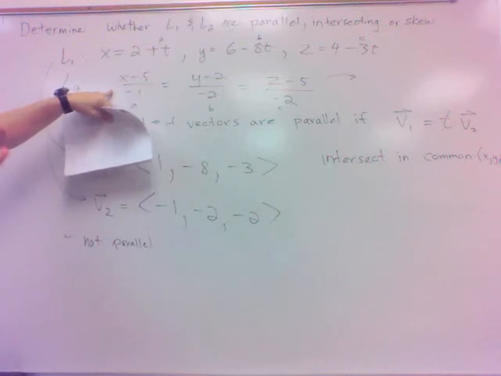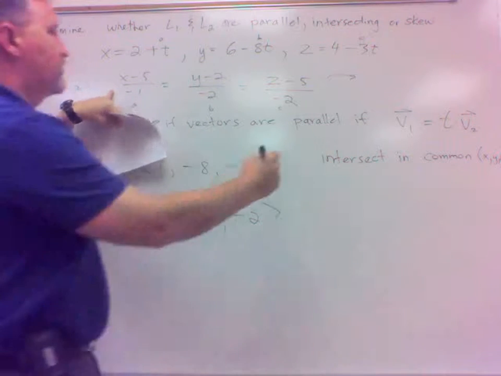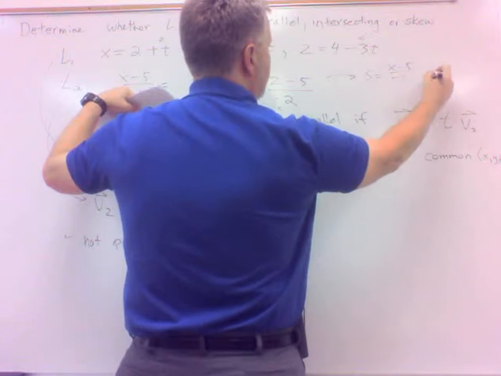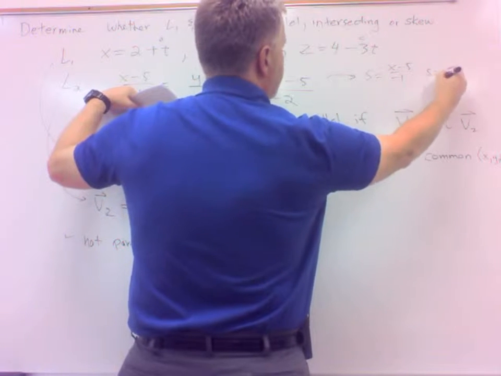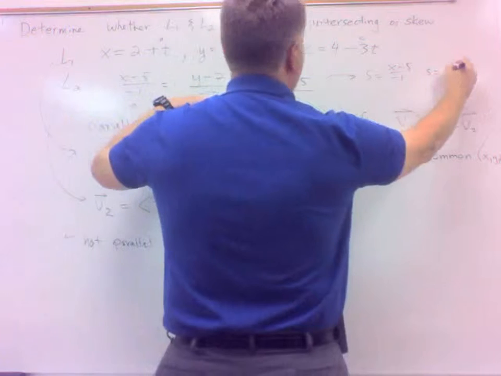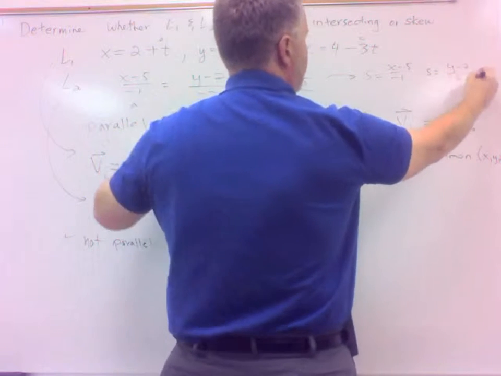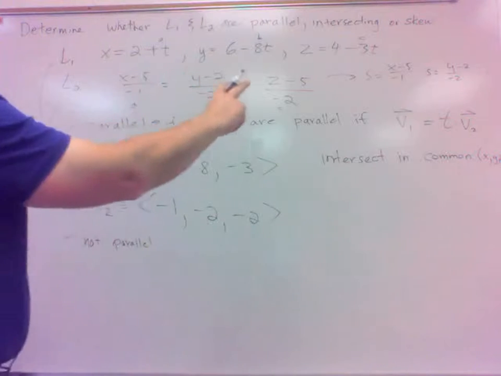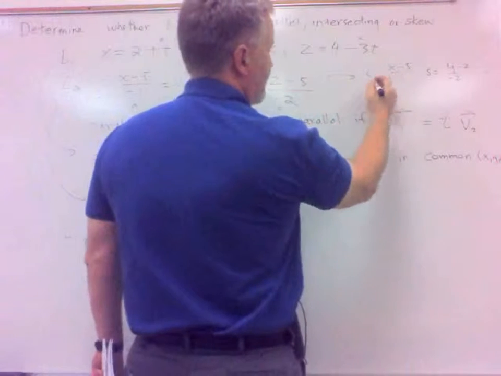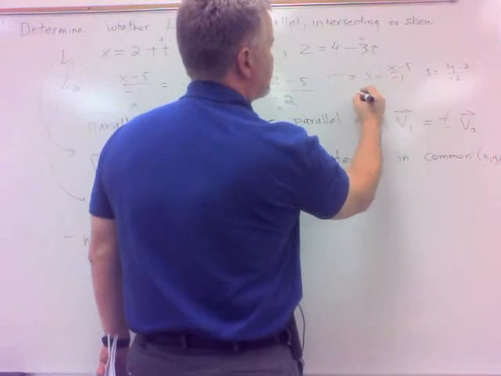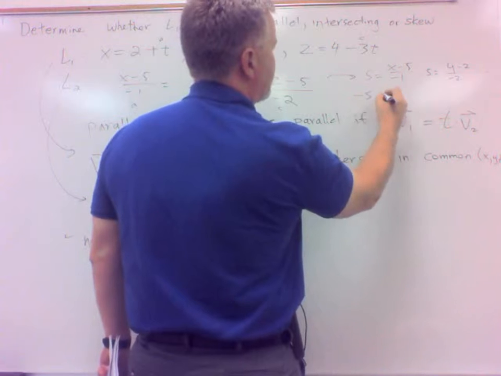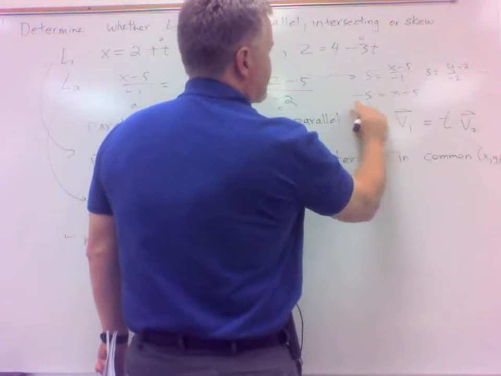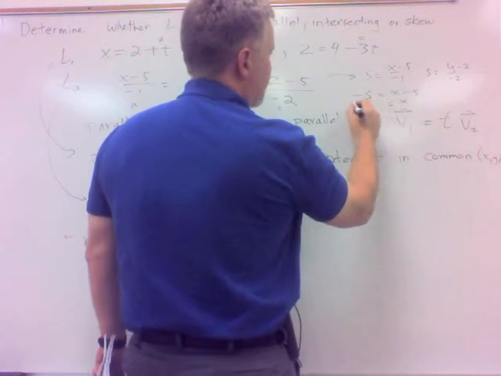So let's call the parameter, instead of T, S. So S equals (X minus 5) over negative 1. And S equals (Y minus 2) over negative 2, and so forth. If S equals that, then what does X equal? So negative S equals X minus 5. So wouldn't X equal 5 minus S?